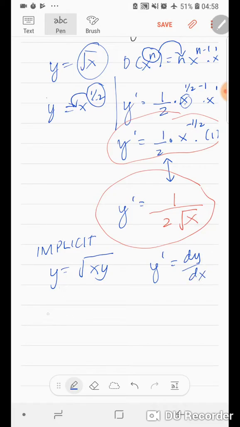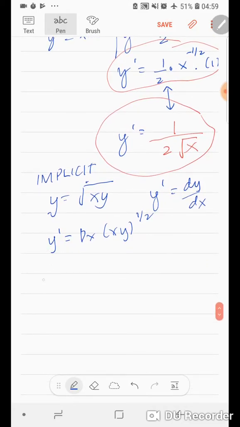So here we get the derivative in both sides, so y prime is equivalent to the derivative of your xy to the power of 1/2. So y prime is equal to 1/2 times square root of xy.